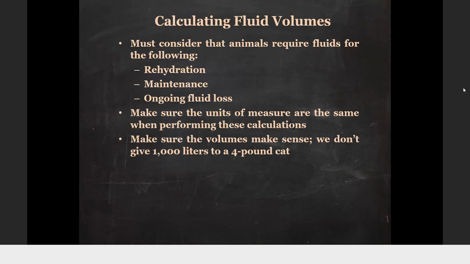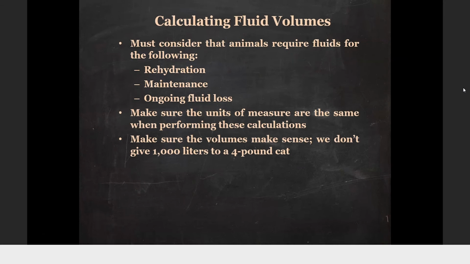This is the most important part: how do you calculate fluid volumes? There are a couple of schools of thought on calculating the fluid volumes that need to be replaced. Some books say that we only need to give the maintenance volume, without calculating ongoing fluid loss and dehydration.